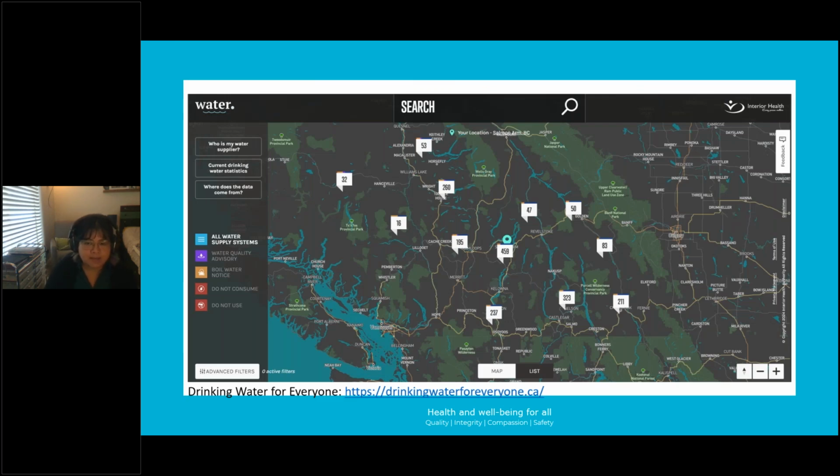And on this map here, this is from the Drinking Water for Everyone. This map shows all the 2,000 permitted water systems within the Interior Health region. Some of you may have seen this website before. You can also filter the systems by water quality advisory, boil water notice, do not consume, and do not use.